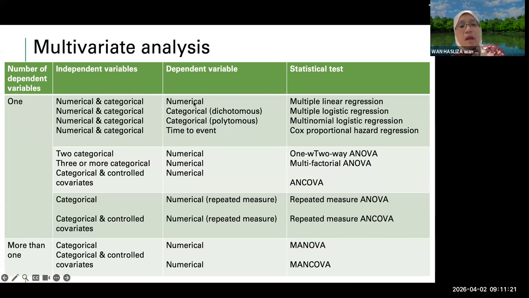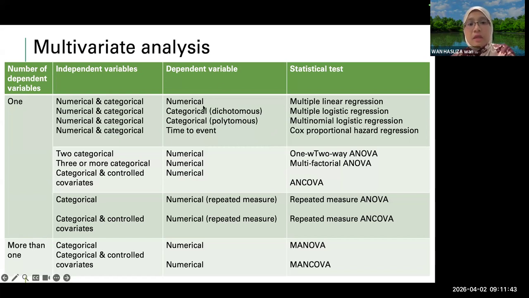So now you look, the difference in the dependent variable will give you different statistical tests. That's why I said before, type of data, dependent or independent variable, is very important because it will give you a different statistical test.